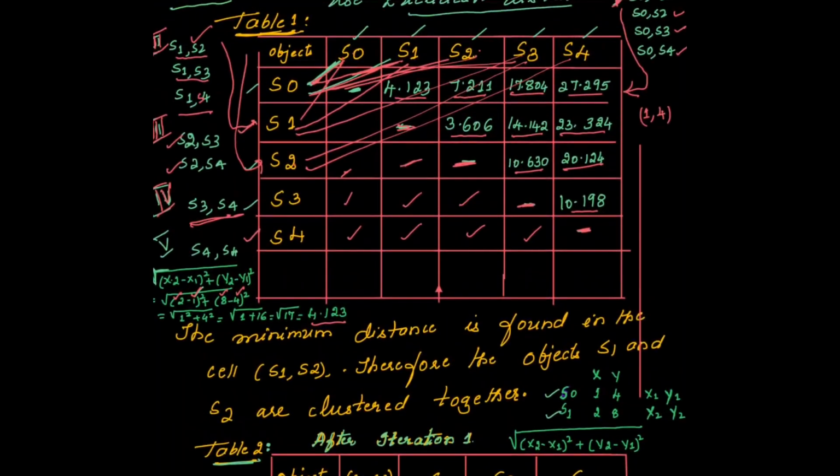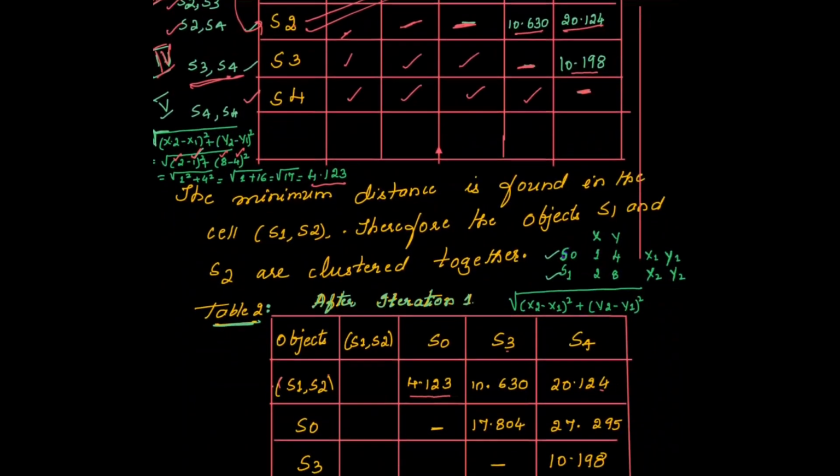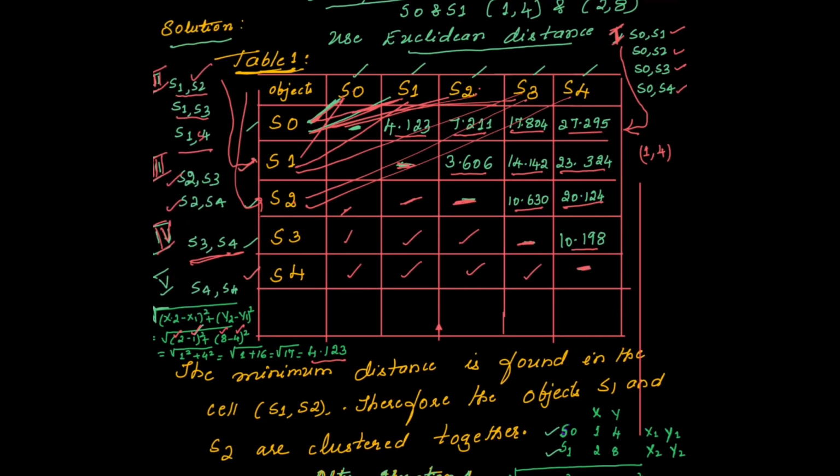Now from this initial table you find out the minimum value. In this entire table you can observe that 3.606 is the minimum value, out of all the values 4.123, 7.211, 17.804 and so on. This corresponds to the entries S1 and S2.